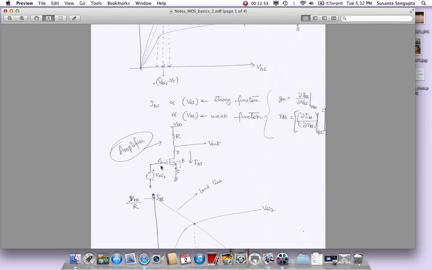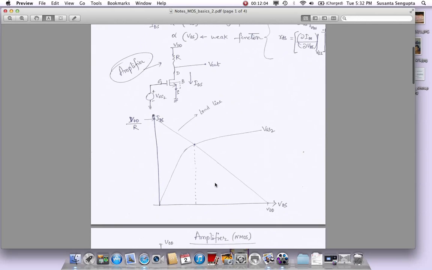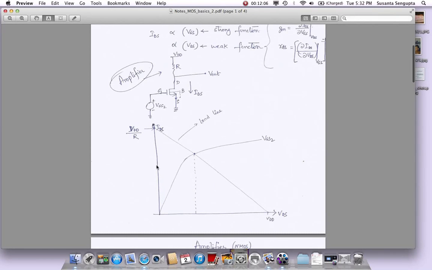We want to understand how there is a voltage gain going from the gate to the drain, and how it acts as an amplifier. How does it amplify a signal which is at the gate? Right now there is no signal at the gate. This is only showing the biasing condition. So before getting into how this amplifier amplifies signals, I thought we would do a quick load line analysis. We have applied a VGS. This is the ID-VDS characteristic for that particular VGS2.